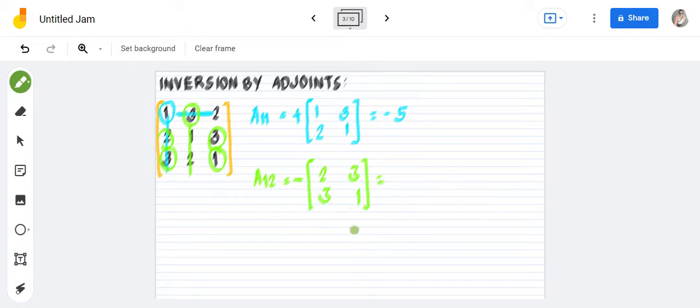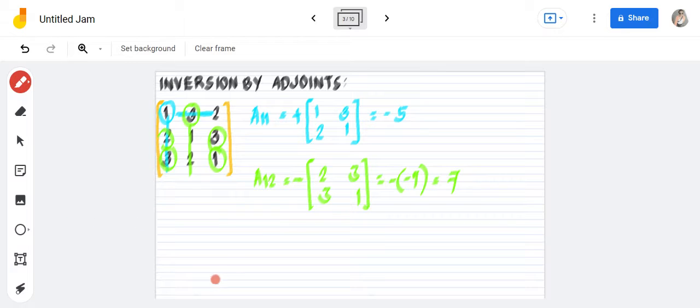That's equal to 2 minus 9, that's negative 7, times the negative sign, so that's equal to positive 7.